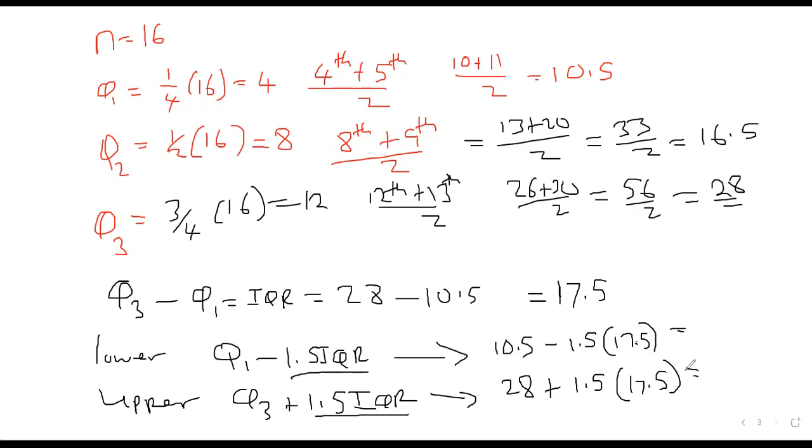So here we're going to have what? 10.5 minus 1.5 times what? 17.5. So here we're going to get negative 15.75. And here we have 28 plus 1.5 times 17.5. We're going to have 54.25.